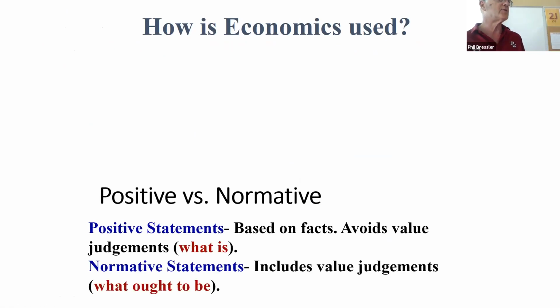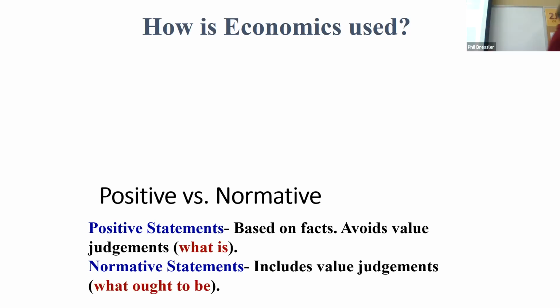In the book and the summer reading, you'll come across positive and normative statements, and I just wanted to quickly go over them. Positive statements are based on facts. Like unemployment is 6%. That's a fact. GDP has increased 3%. That's a fact. That's a positive statement. Normative is value judgments or opinions.